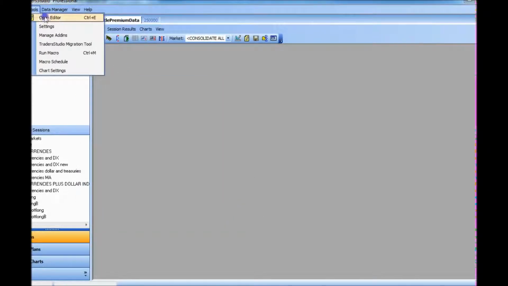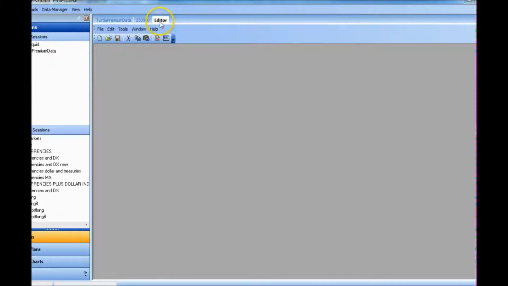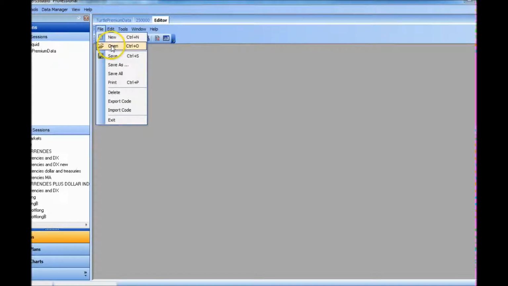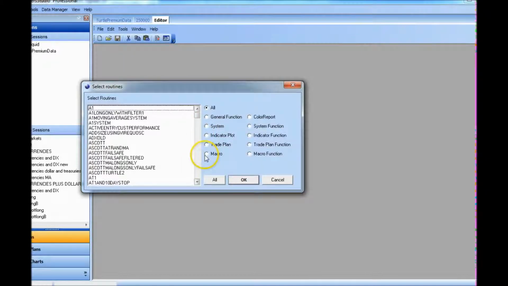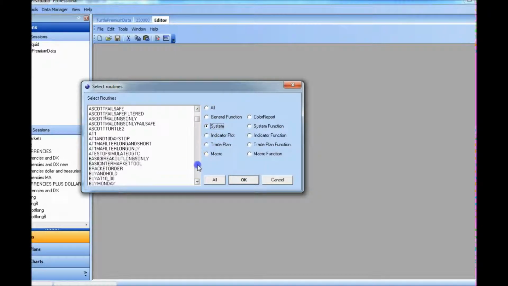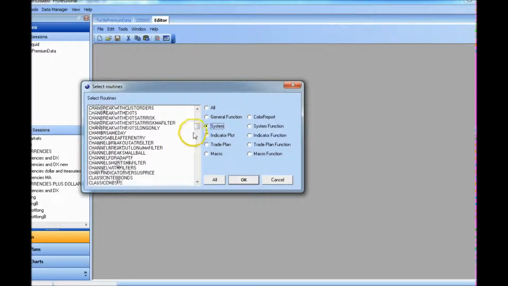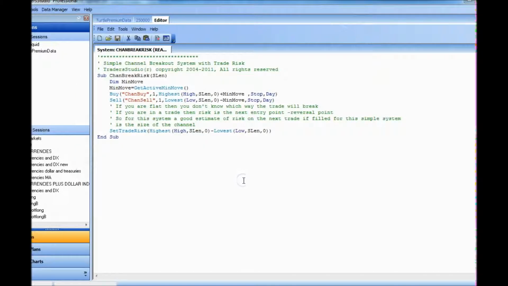real quick. So I'm opening the editor, and if I wanted to open one of the trading systems I've got set up, let's just look at that first one, Jam Break Risk. And there's the code. This system came with Trader Studio, so you can see all the green stuff there.